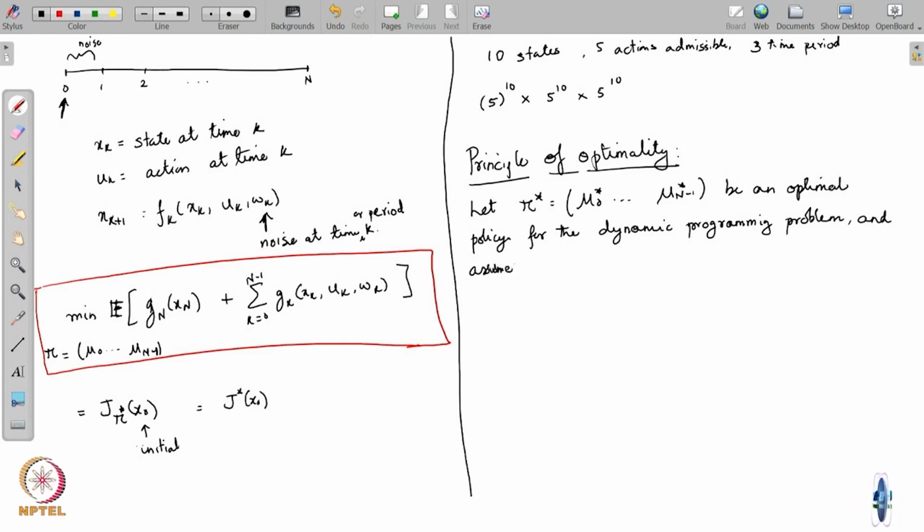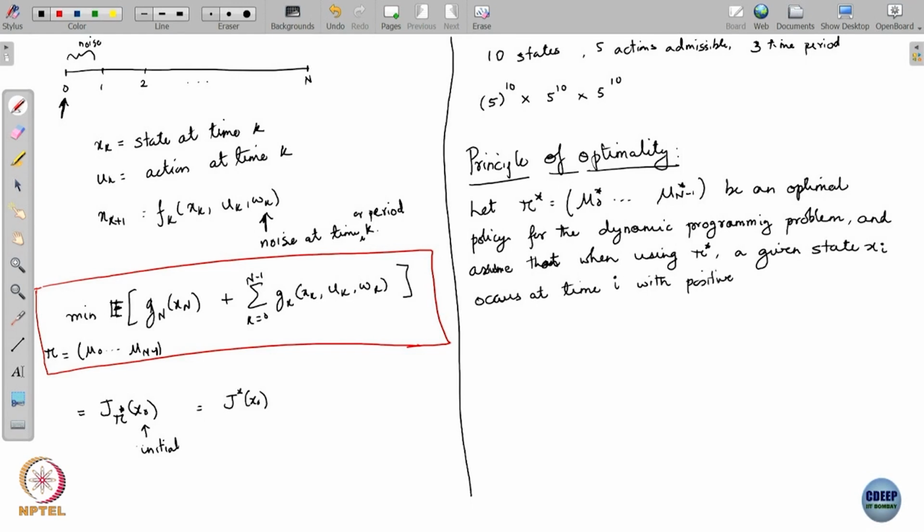The technical assumption is: assume that when using pi star, a given state, denoted xi, occurs at time I with positive probability.